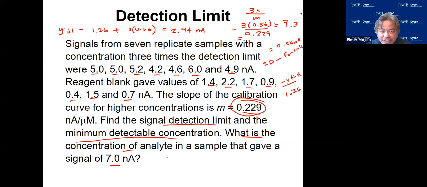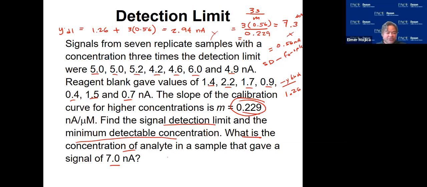So what does this tell us? It tells us if you have a concentration like this, you're going to have a signal around 2.94. So we could say this is your x value and this is your probable y value.